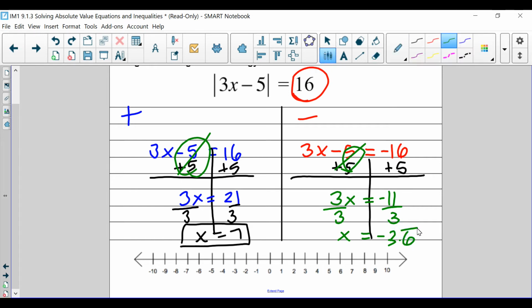There we go. This is where x could be. Since it's equal to, we're going to go ahead and fill it in. And then it also says x could be negative 3.6, so it could also be here. Both are solutions. Those are the solutions for x. Alright? Keep that in mind.